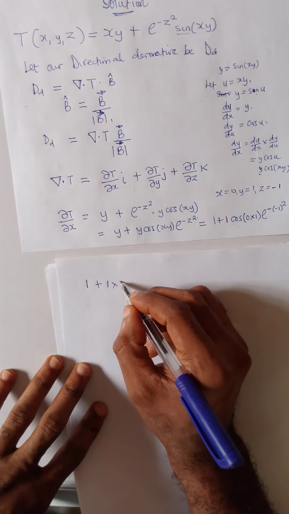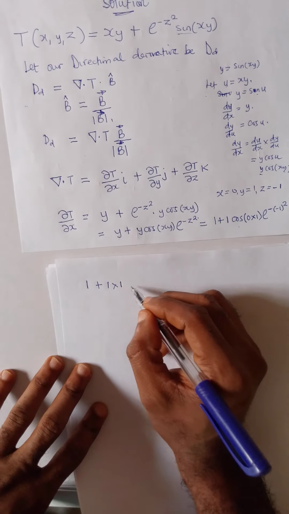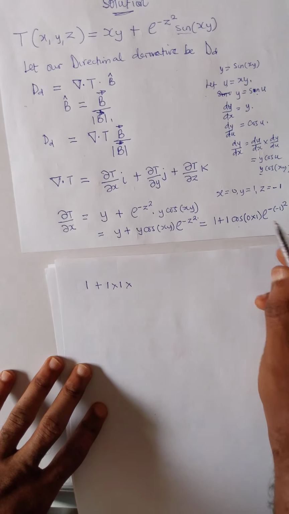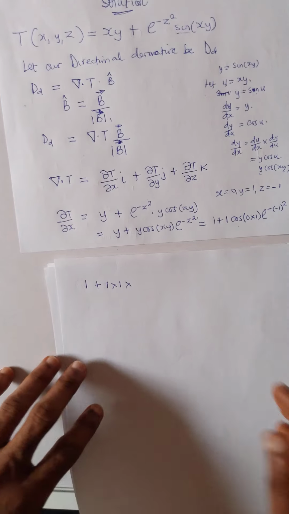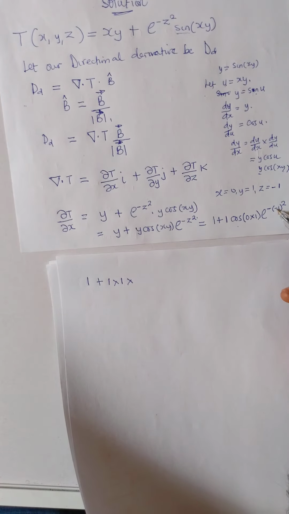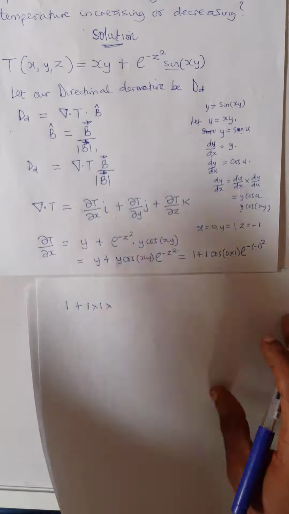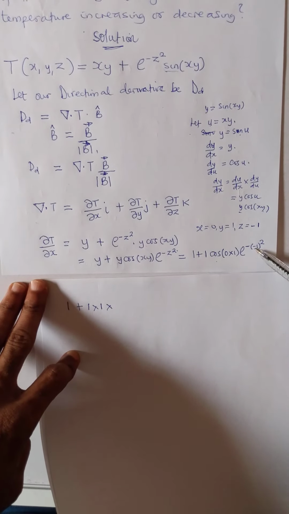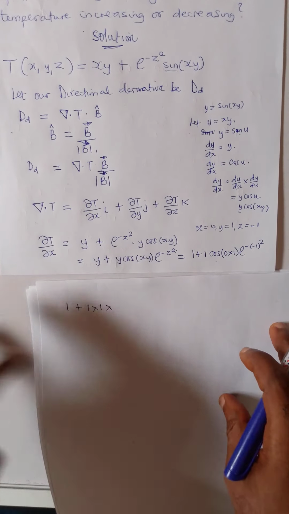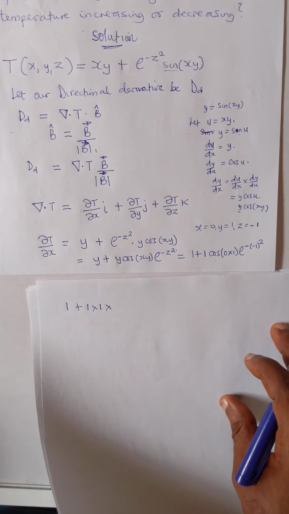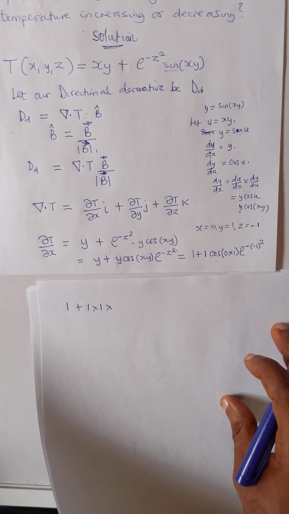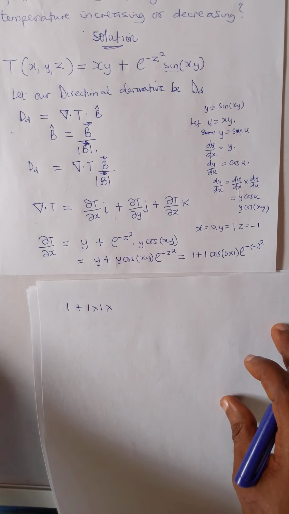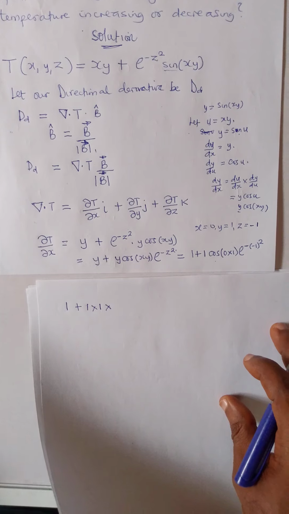So we have times 1 times exponent minus 1 into minus, so minus 1 all squared is 1. So what is our exponent? Minus 1.